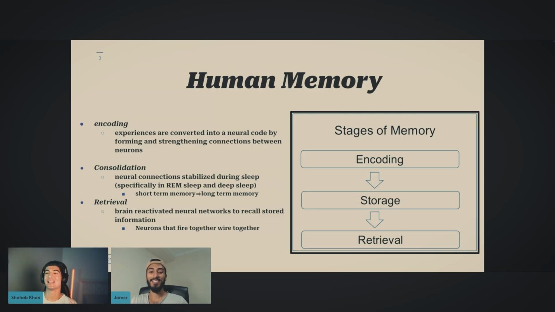But yes, it is during sleep, specifically REM, so rapid eye movement sleep, and deep sleep, where short term memory gets converted to long term memory. But we've all heard the concept: neurons that fire together wire together. That is essentially retrieval. So you need to constantly reactivate your brain's neural networks to recall the stored information. Now, this is actually the basis of how spaced repetition works.